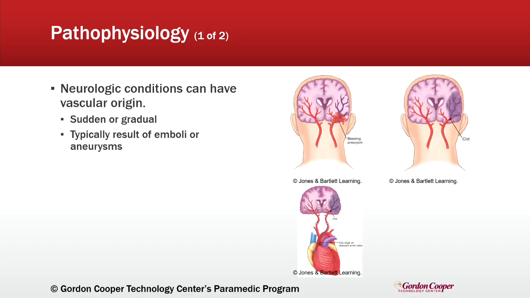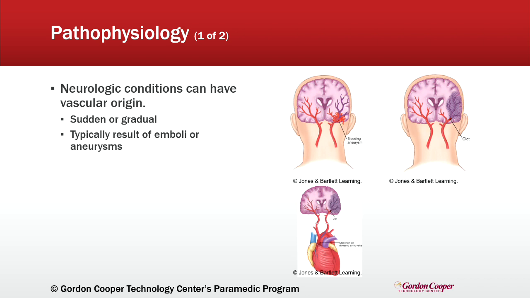The pathophysiology of stroke often has a vascular origin leading to neurological conditions. So it does tie in pretty closely with the cardiovascular system, mostly the vascular side of the cardiovascular system, but the two do go hand in hand. Strokes can be broadly classified into two types, ischemic and hemorrhagic.